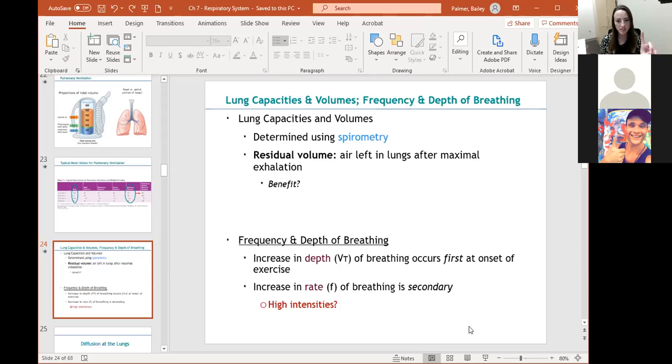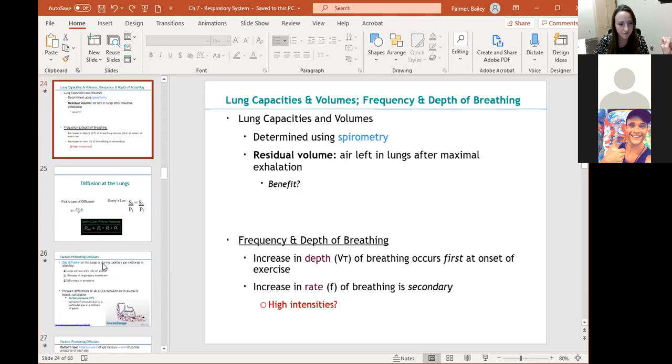So tidal volume is going to be the first factor to increase pulmonary ventilation, which is breathing, during exercise. But tidal volume plateaus, and then frequency or rate of breathing starts to increase, the more intense our exercise becomes, further increasing pulmonary ventilation. So you do have to know that for the exam.